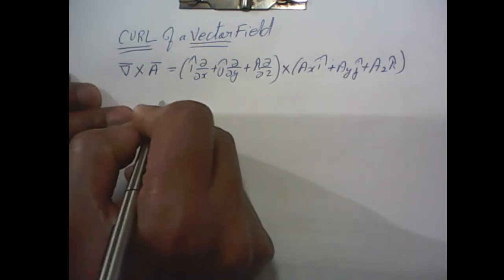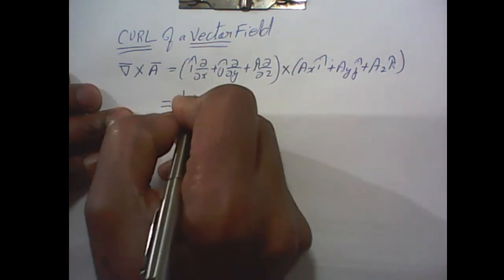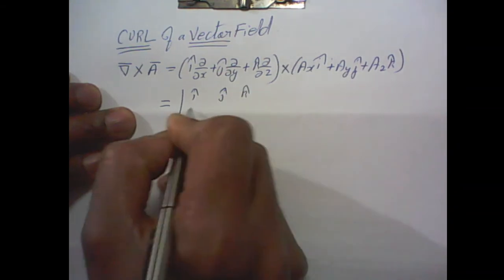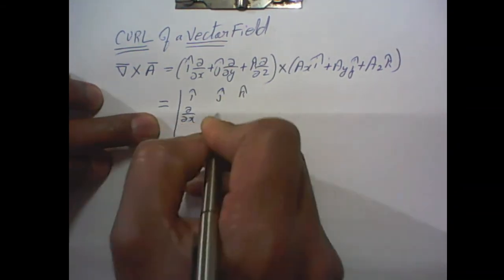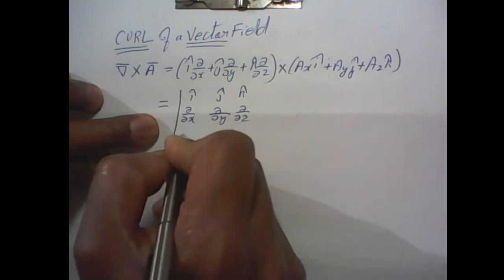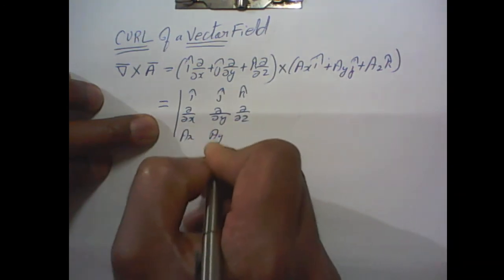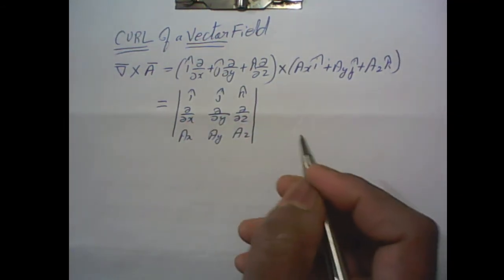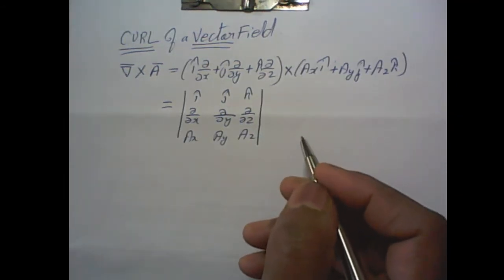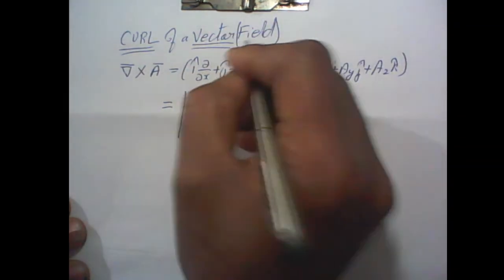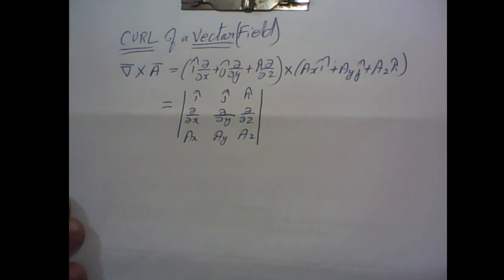So this is nothing but equal to the determinant: i, j, k; del x, del y, del z; Ax, Ay, Az. So given any vector, you can always find out the curl of the vector.